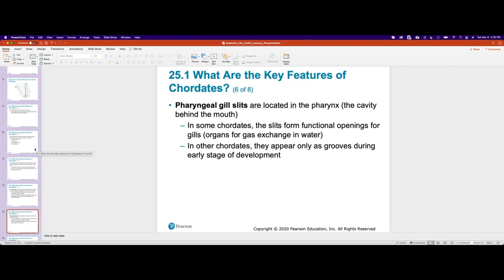Pharyngeal gill slits, they are located in the pharynx, which is the cavity behind the mouth. Most people will call that a throat, but again, it depends upon the anatomy of the organism you're looking at. And so these slits function as openings for gills, and gills are important for aquatic organisms.